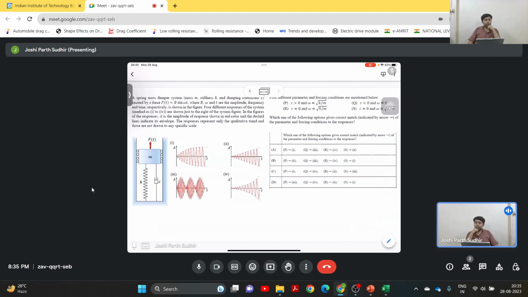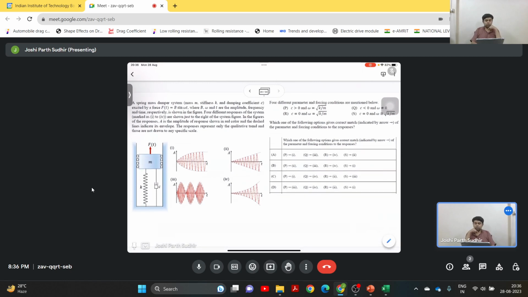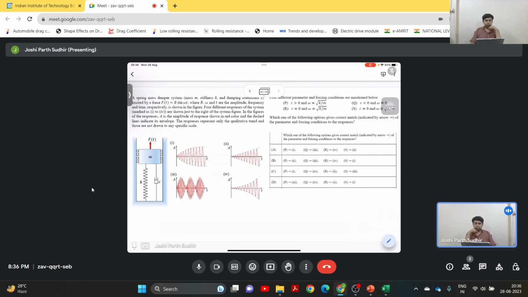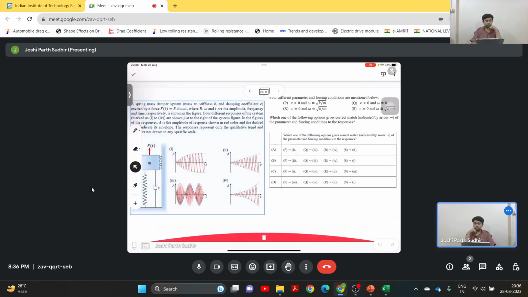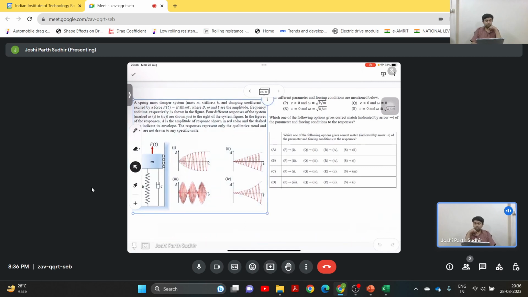It has been given that a spring mass damper system has a mass M, stiffness K, and damping coefficient C. It is excited by a force F of T, which is B sine omega T, where B, omega, and T are the amplitude, frequency, and time respectively, as shown in the figure.